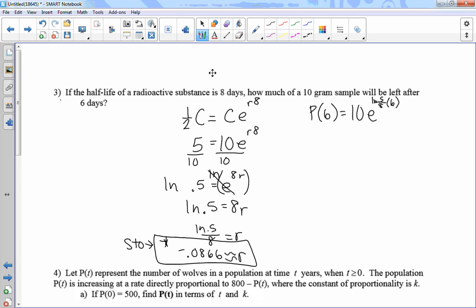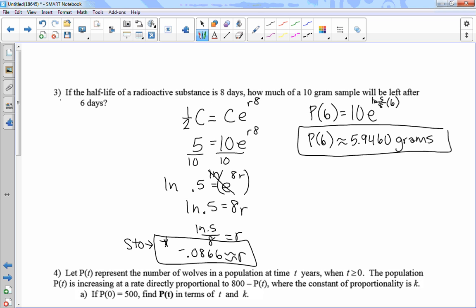So how much of the sample will be left after 6 days? 5.94. And what does this represent? Grams left of the radioactive substance after 6 days. You need to have a unit, just like that.